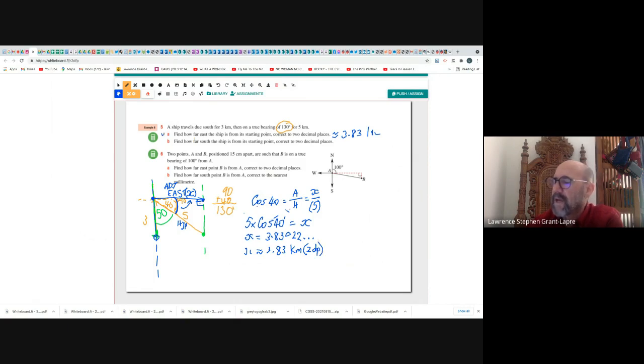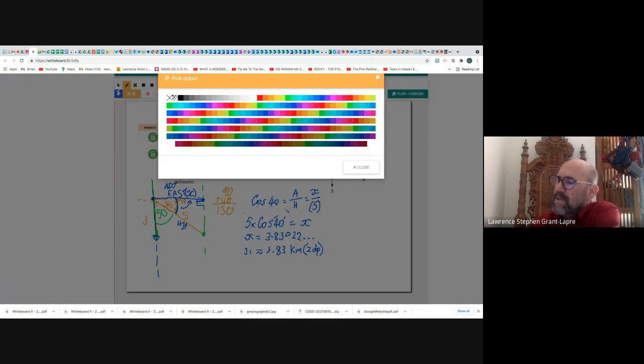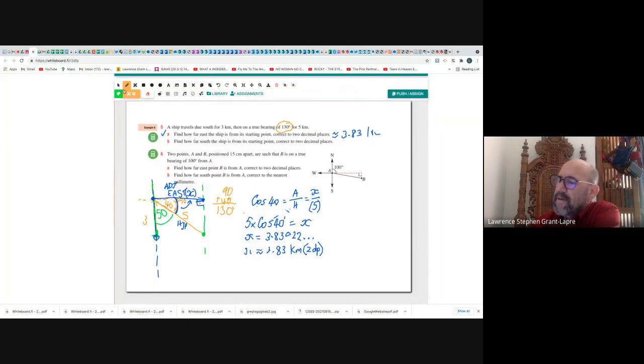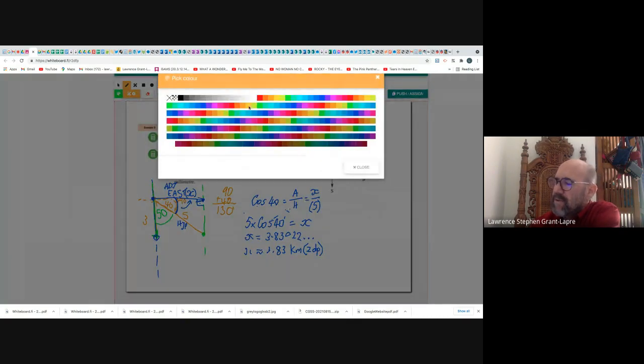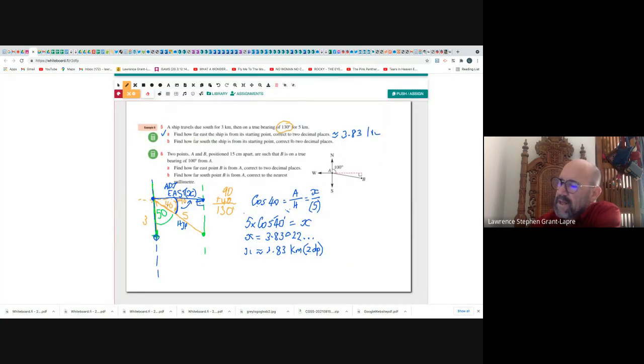That's 5A. 5B, how far south the ship is from its starting point, correct to 2 decimal places? Well, this is an interesting question, because we've traveled north 3 kilometers, then we've traveled generally southeasterly, it's not exactly southeasterly.